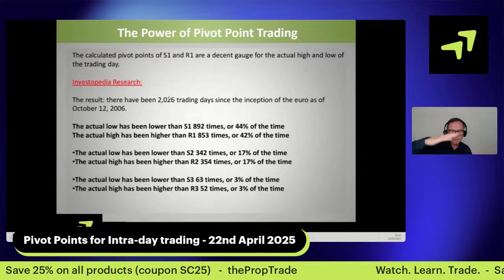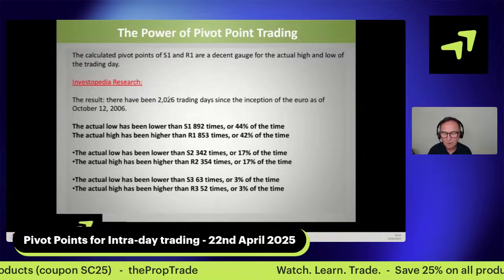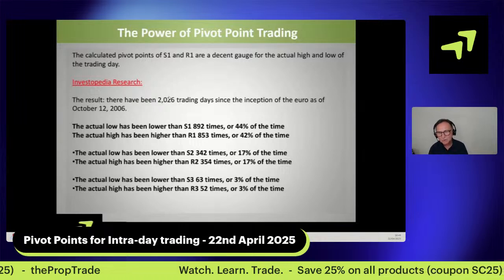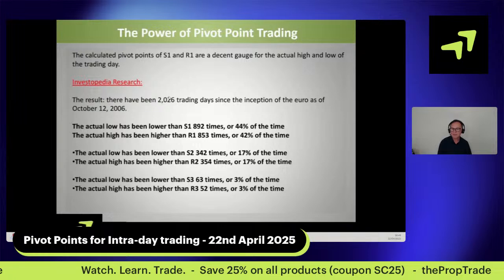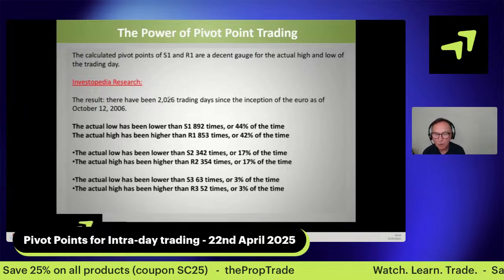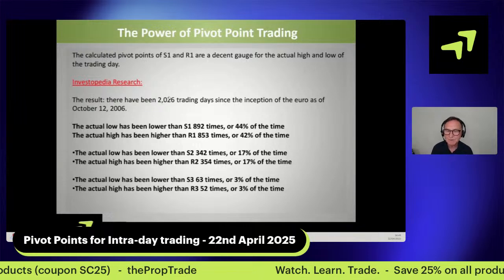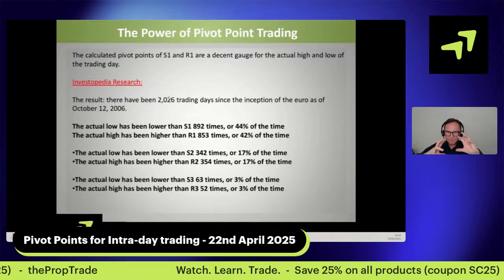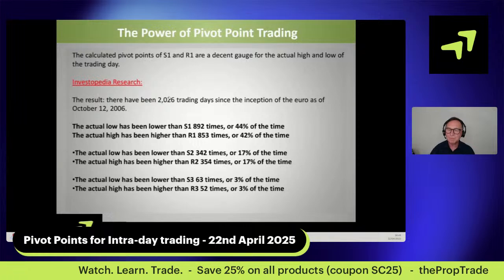The actual low of the day was lower than the S2 area only 17% of the time, and the actual high of the day was higher than R2, also only 17% of the time. So it's interesting that they're fitting both above and below, aren't they?